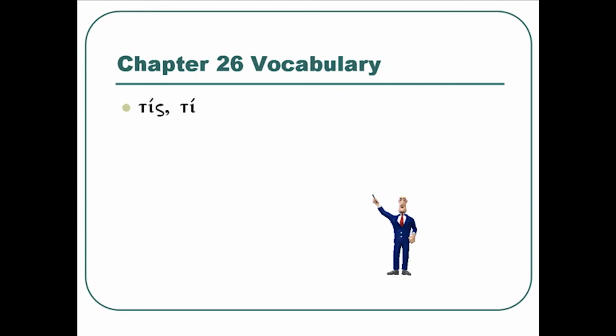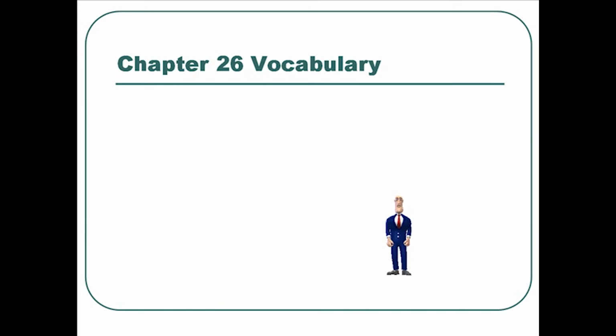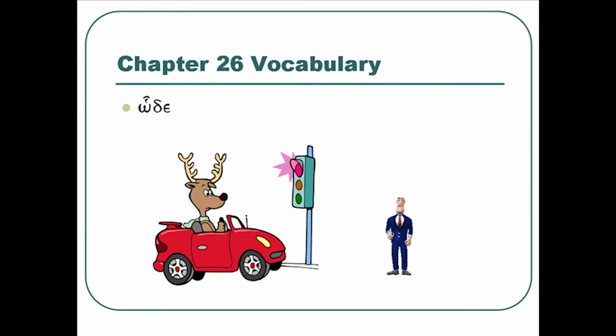The ninth word is tis, ti, with the accent, and it's the interrogative who, which, or what. And the tenth word is hode, and it means here or hither.